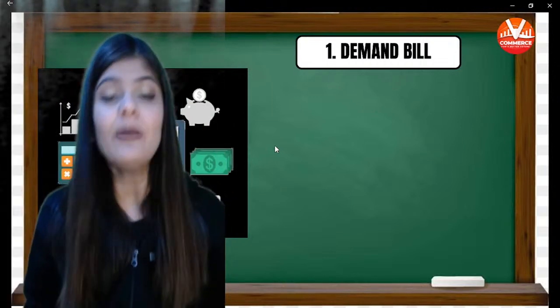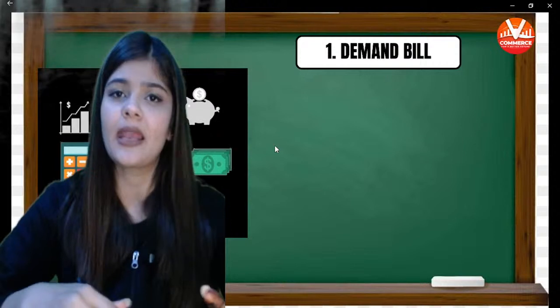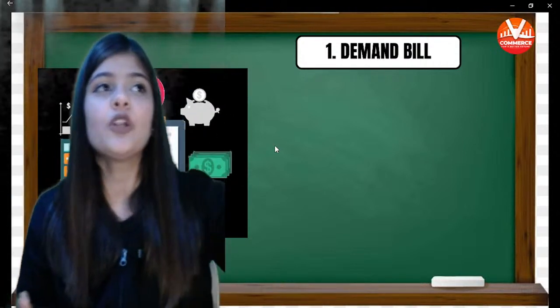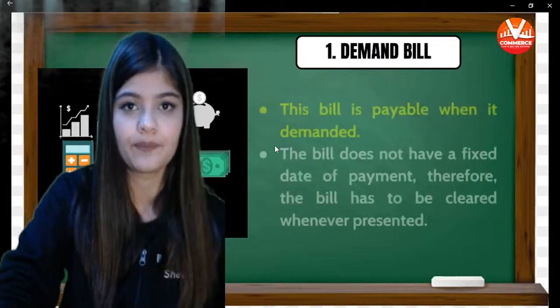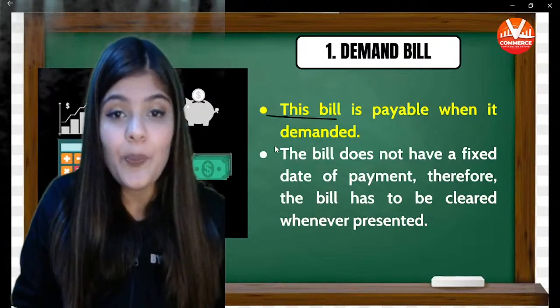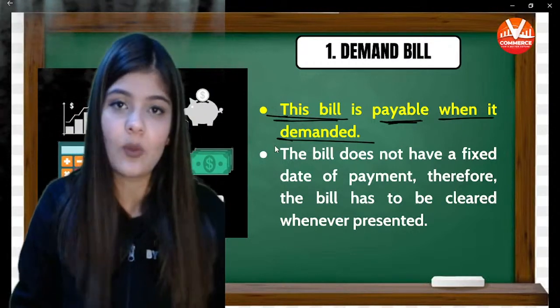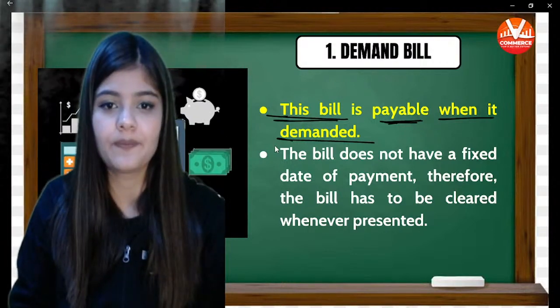तो डिमांड बिल वो होता है जिसमें ड्रॉर पैसा डिमांड करेगा और ड्रॉई को देने पड़ेंगे. यहाँ पे कोई डेट नहीं होती, there is no specific time like after 2 months, after 3 months, वो वाला केस यहाँ नहीं होगा. So this bill is payable when it is demanded. Whenever the drawer will demand, you have to make the payment.